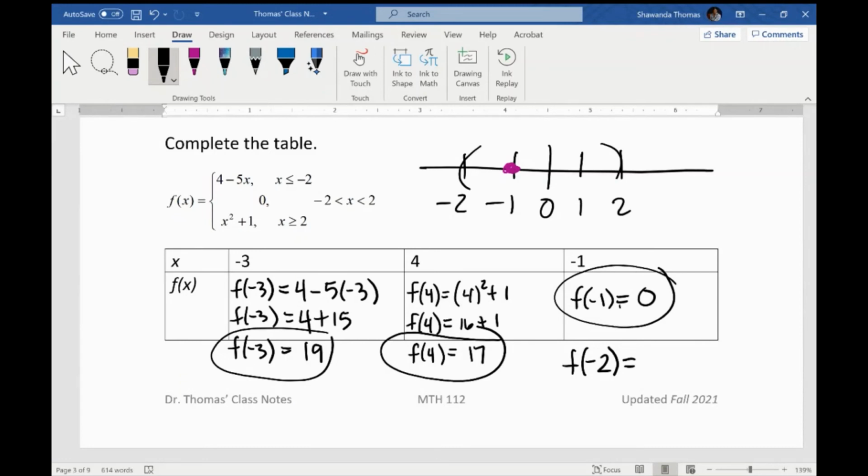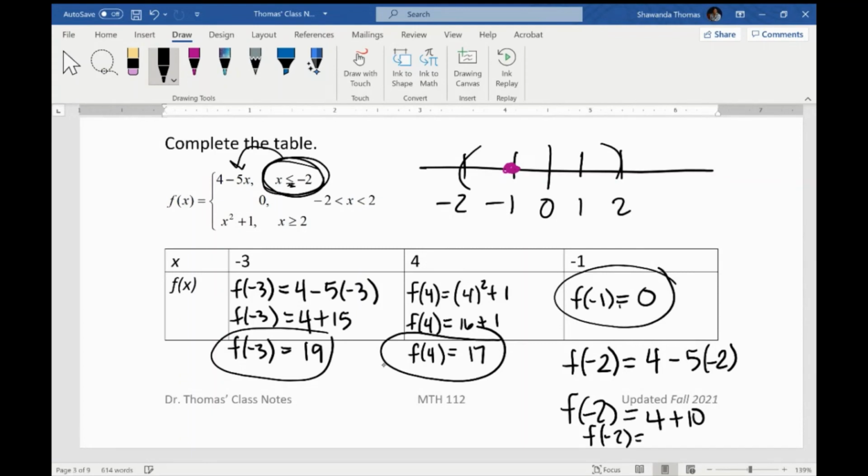So 4 minus 5x will be 4 minus 5 times -2. Okay, so he said that it meets this condition because it's got an equal to here. So he plugged it into 4 minus 5x. So F of -2 equals 4 plus 10. Plus 10. Very nice. Which is 14.